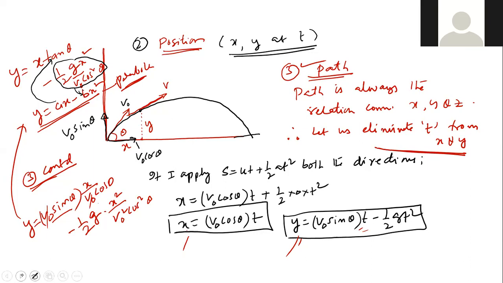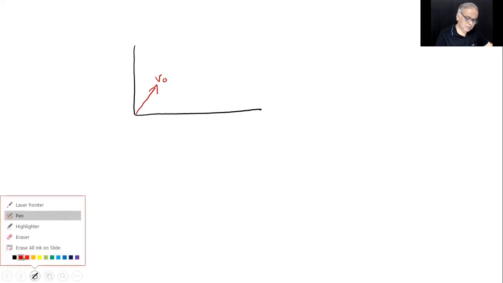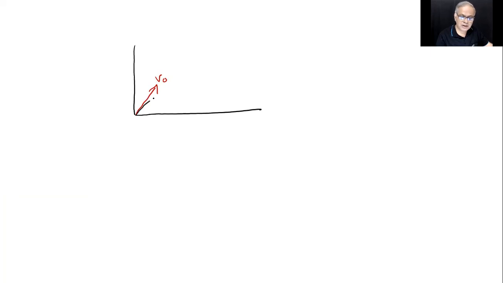Now I'll draw the picture again. So I'm drawing the same thing again and again. This is V0 and the path must be like that. Now, this was theta.